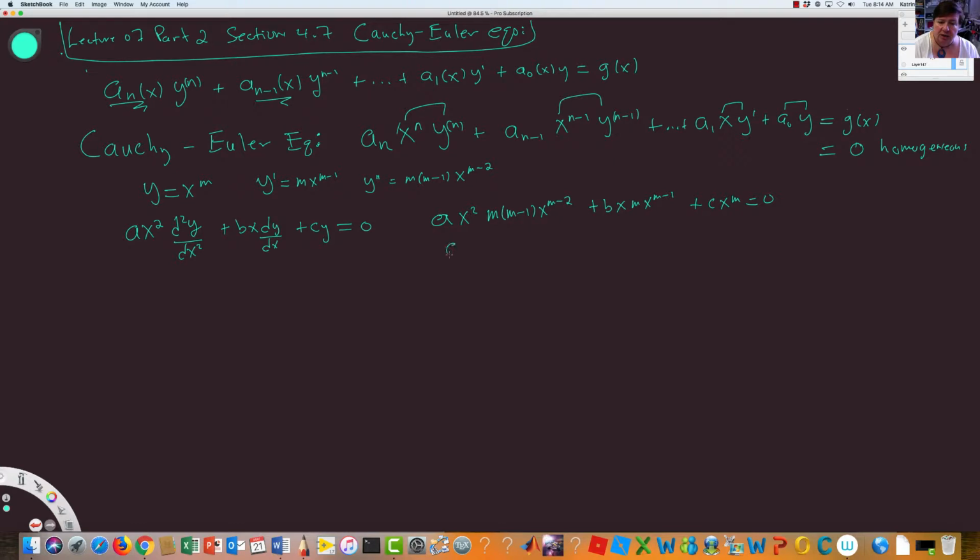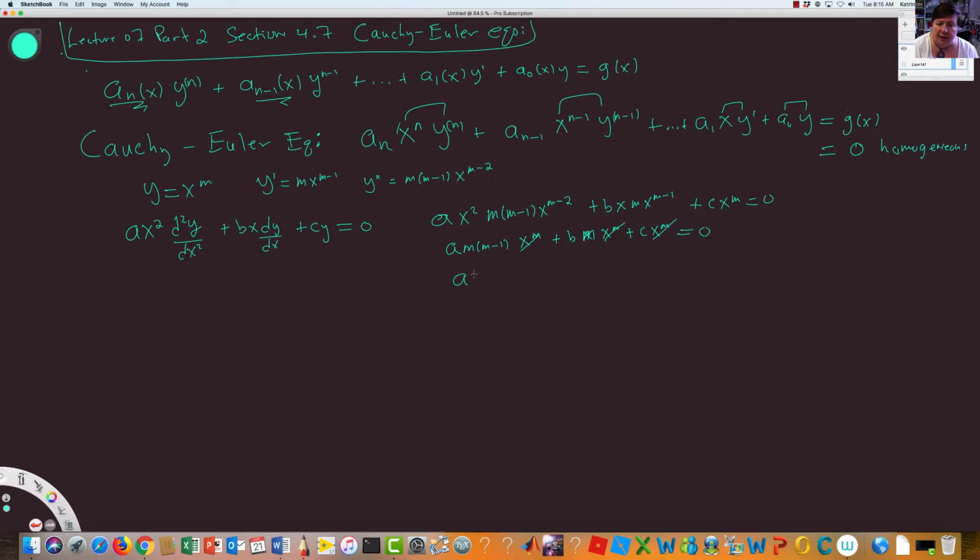All right, so let's do that. Let's just write this as a m minus 1 times x to the m plus b m x to the m plus c x to the m equals 0. And that means I can just get rid of these x to the m and I get this polynomial equation.